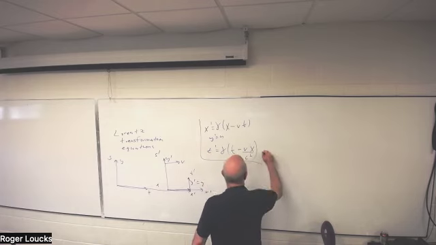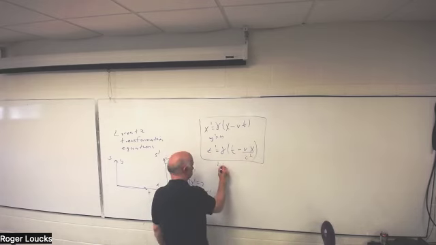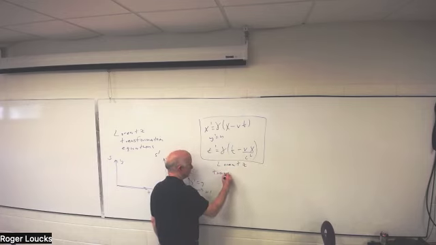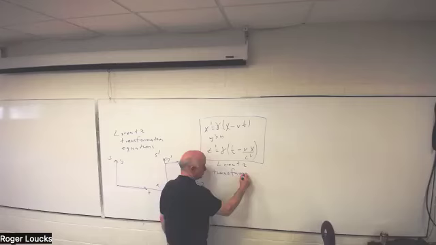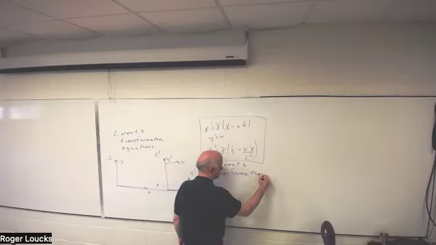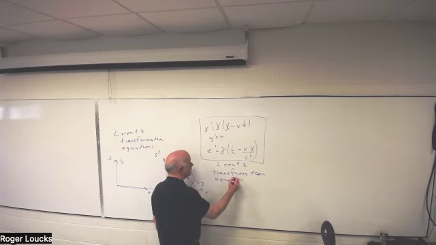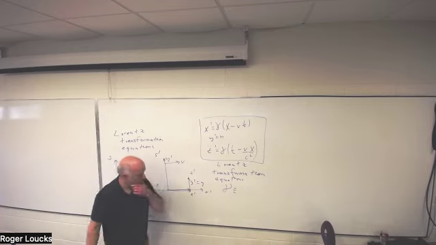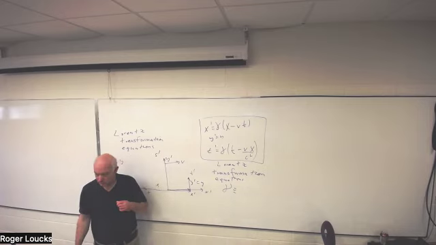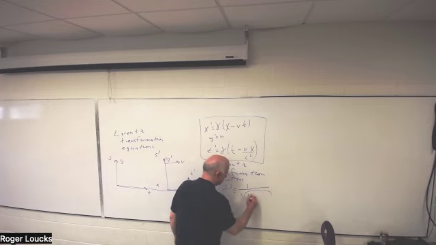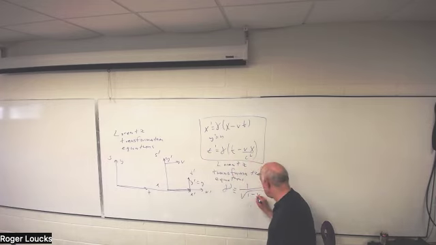So these right here are the Lorentz transformation equations. And this gamma, how do we define gamma? Good. 1 over the square root of 1 minus V over C quantity squared.